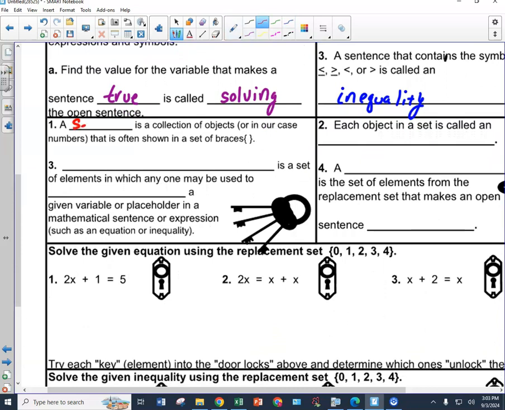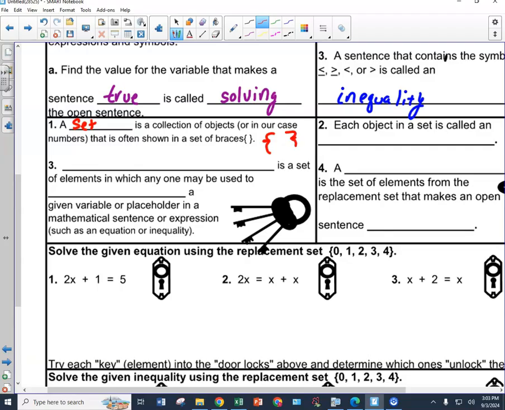A set is a collection of objects, or in our case, since we're a math class, we're not collecting piglets or buttons or stamps or anything like that. We're having a collection of numbers. Our collection of numbers is shown in a set of braces, those squiggly brackets.